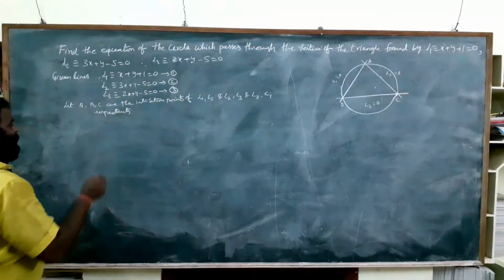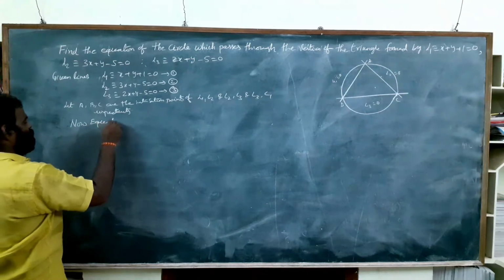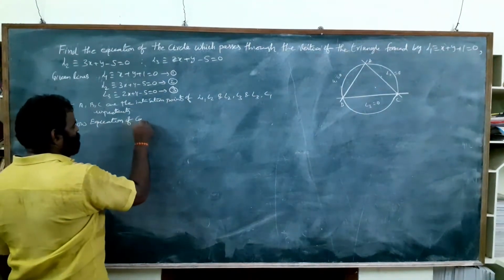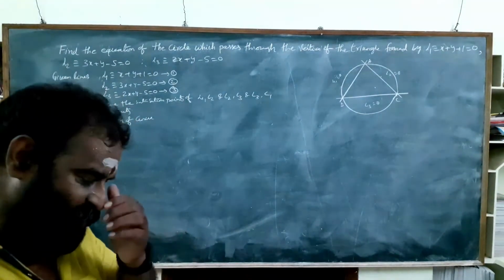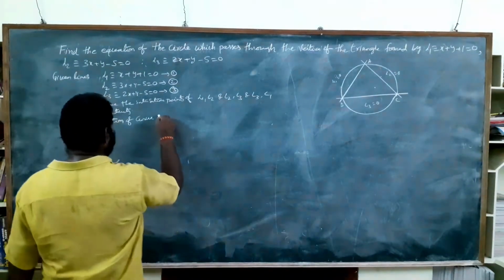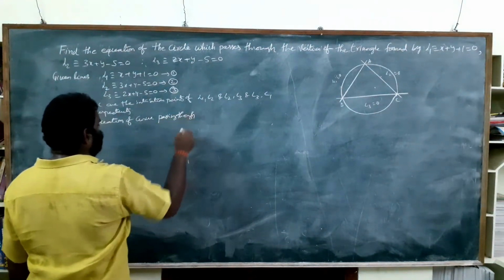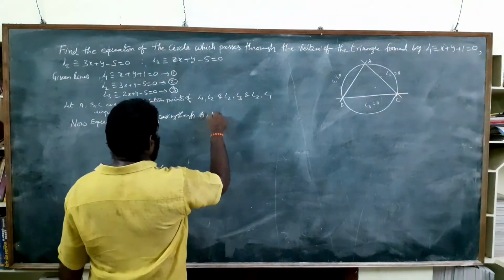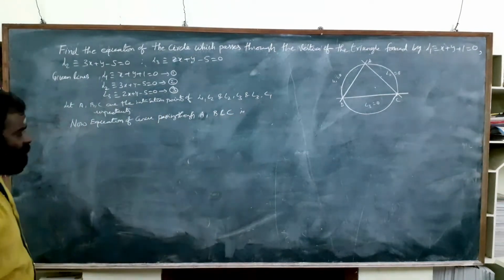Now the equation of a curve. Friends, you have to observe this point very clearly. We have to find the equation of a curve passing through A, B and C. How should we write it?